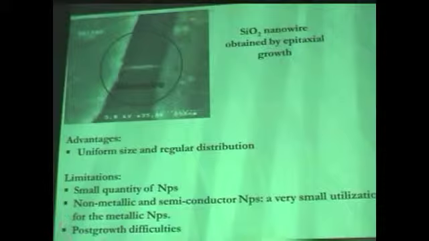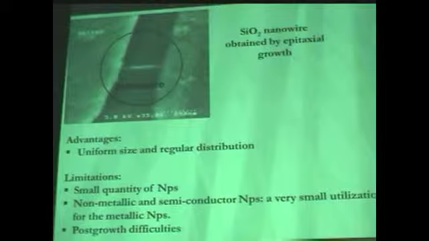And there is also post-growth difficulty in treating those nanoparticles, and non-metallic and semiconductor nanoparticles work very well with those methods, but metal oxide nanoparticles present some difficulty, and very little use of those methods has been reported for metal oxide nanoparticles.